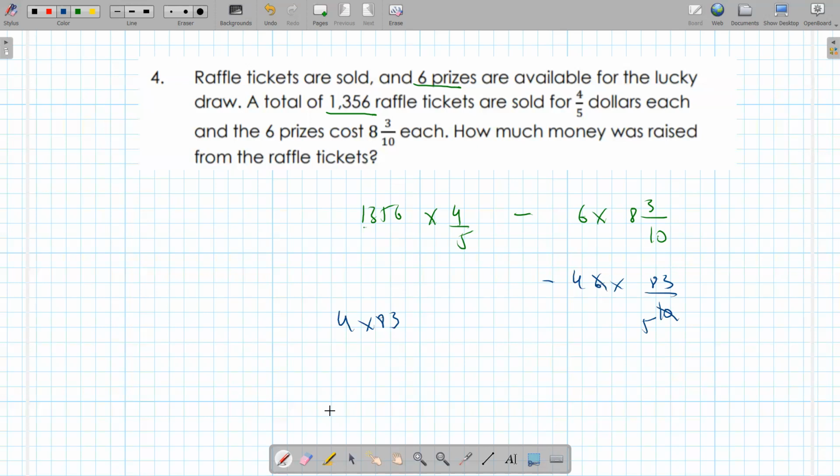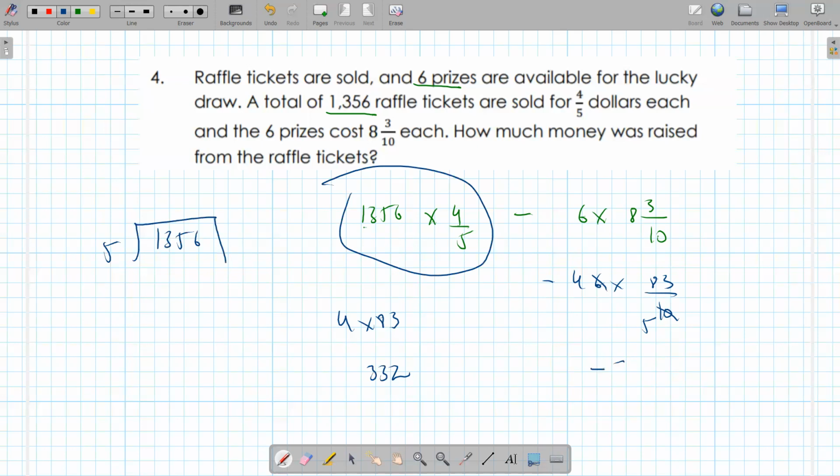And then 4 times 3 is 12. So 320 plus 12, which is 332. Yeah, exactly. All right, so we'll just skip this, actually, I'm going to show you how to do the division. So this becomes 1356 times 4 minus 332/5.